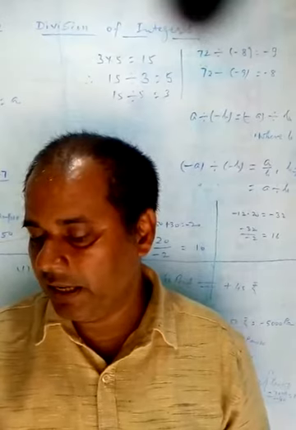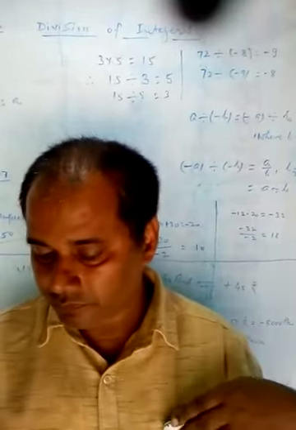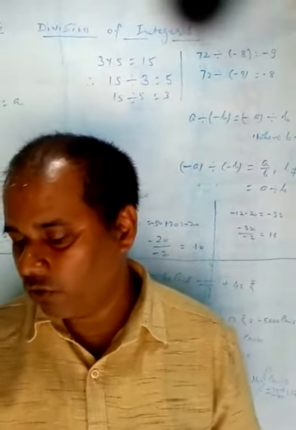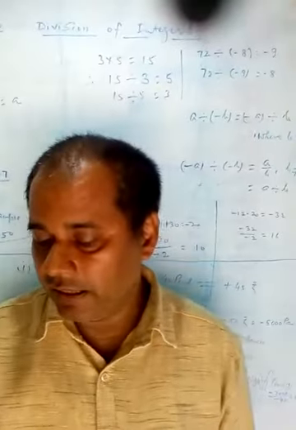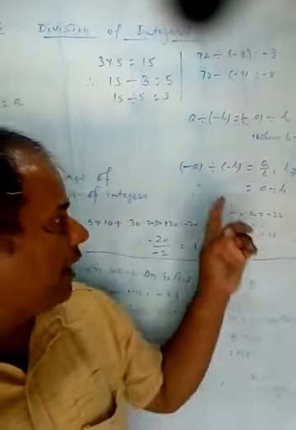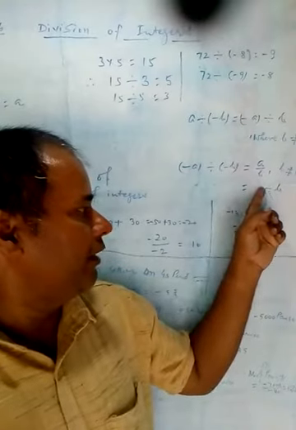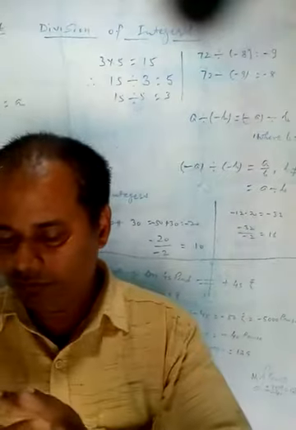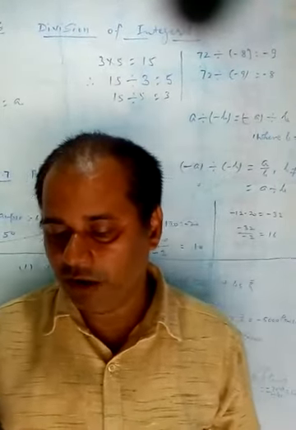So we can say that when we divide a negative integer by a negative integer, we first divide them as whole numbers and then put a positive sign. In general, for any two positive integers a and b, minus a divided by minus b is equal to a divided by b, where b should not be equal to 0. Try this. One question is there, you have to solve.